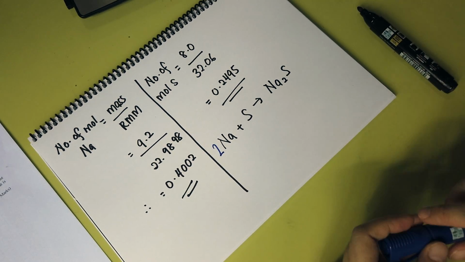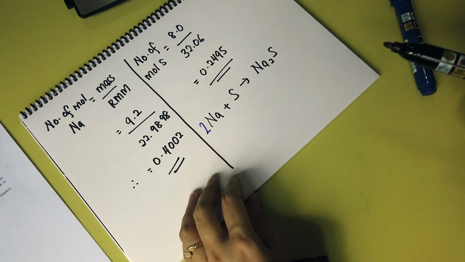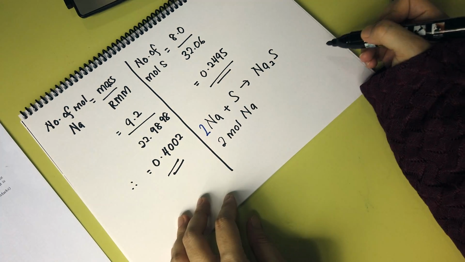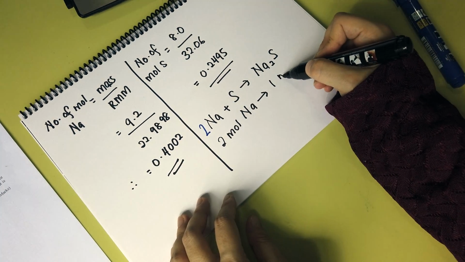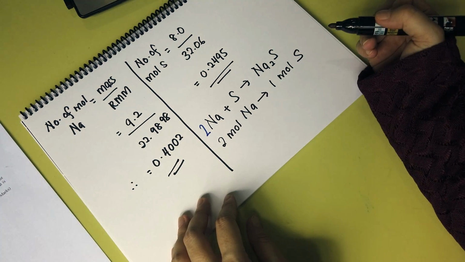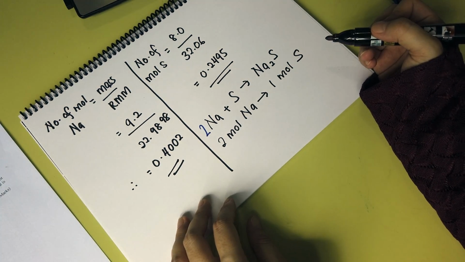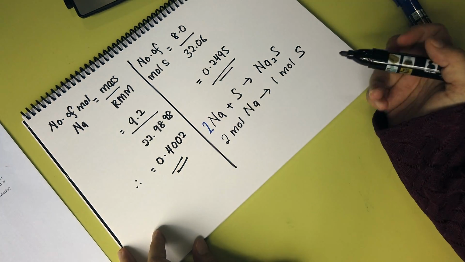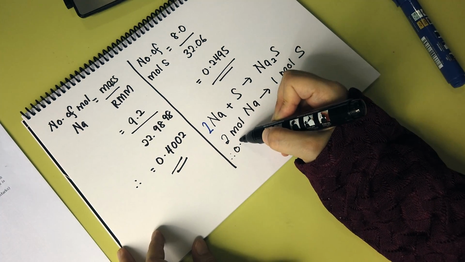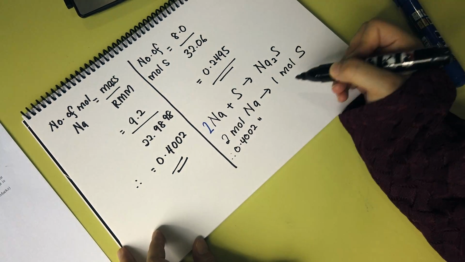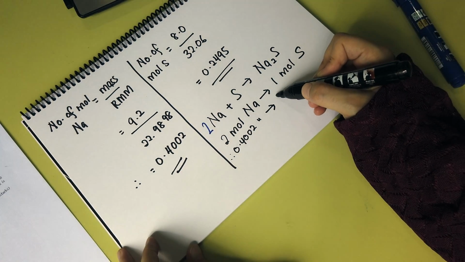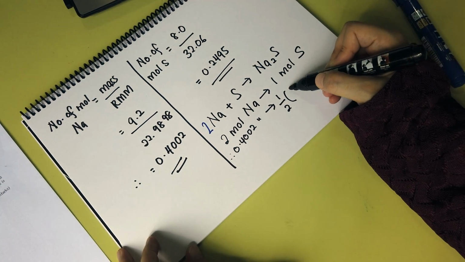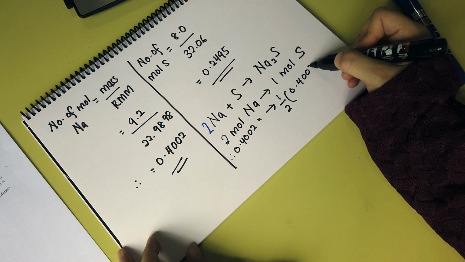From this equation we can say that for 2 mole of sodium, you need 1 mole of sulfur. So since we have 0.4002 mole of sodium, supposedly we should need 1 over 2 times 0.4002.